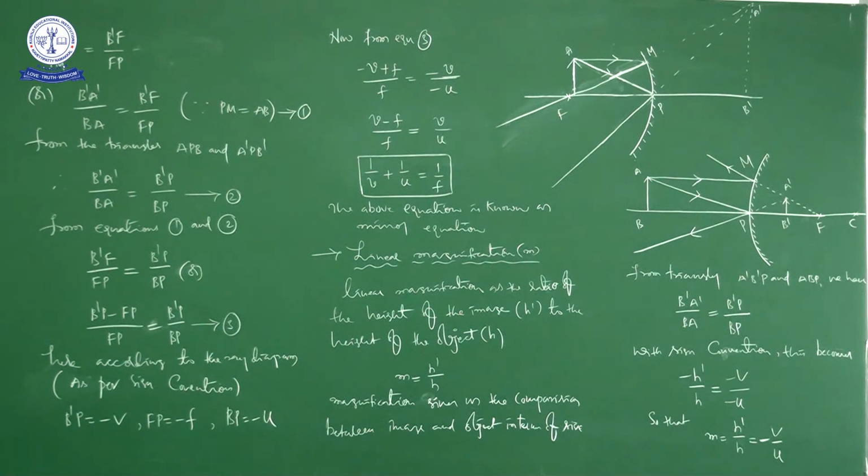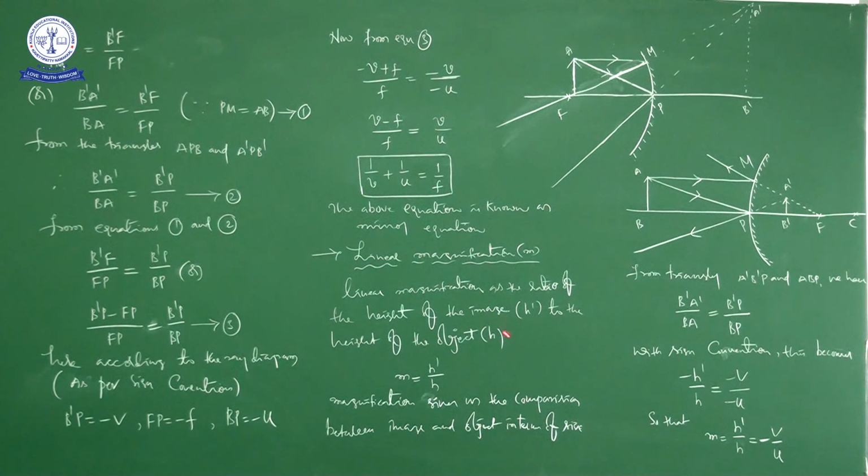Okay, right. First you see this linear magnification. Linear magnification is the ratio of the height of the image to the height of the object.